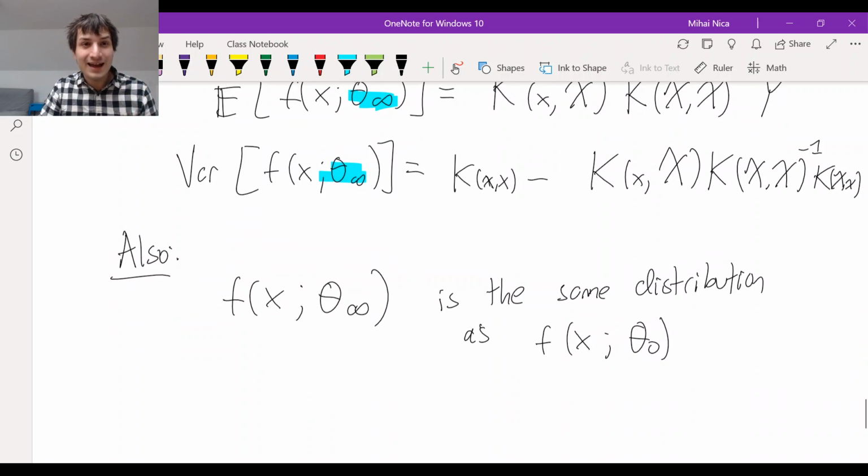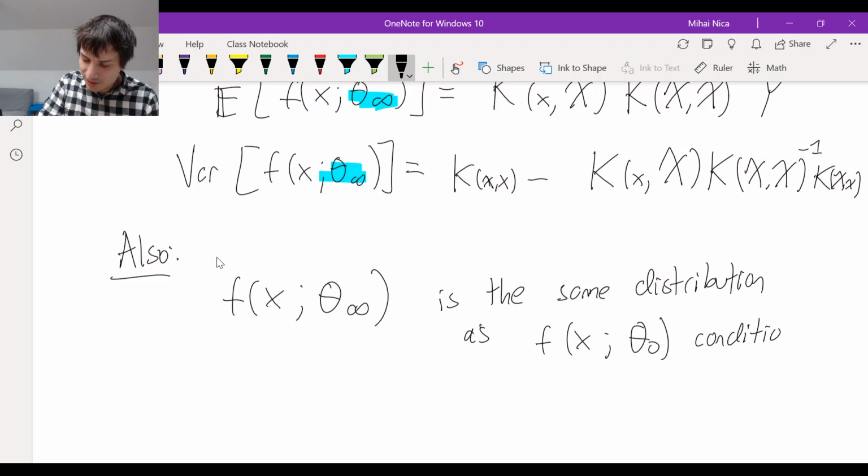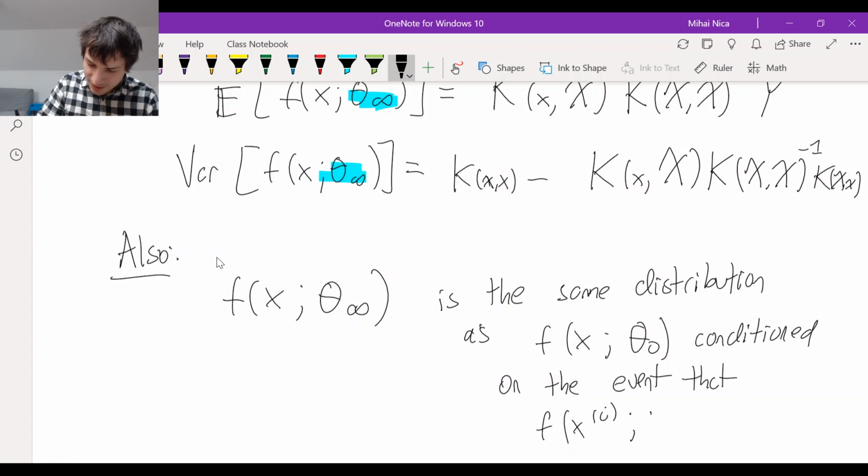So at time infinity, after training, it's the same as the initialization conditioned on the event that f of x_i, theta 0 equals y_i for all examples.